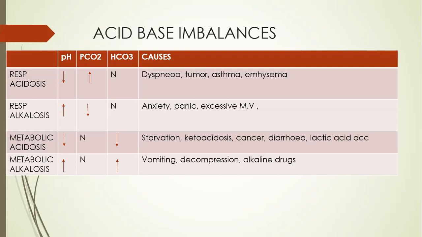Okay, those are the exam point areas where metabolic acidosis takes place: starvation, diabetic ketoacidosis, cancer, diarrhea, lactic acid accumulation. And in case of metabolic alkalosis, vomiting and decompression, that is gastric decompression, and alkaline drugs, which lead to metabolic alkalosis.